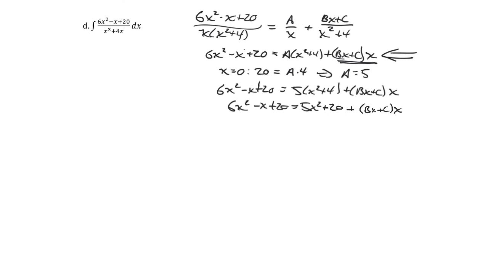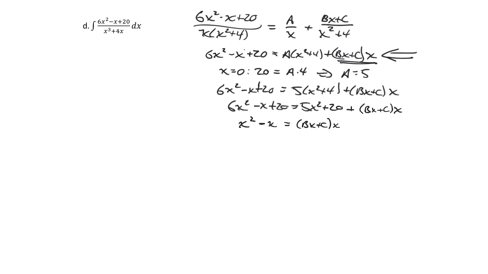If we subtract 5x squared from both sides, we end up with x squared minus x. There's no x on the right side to simplify with that one, but we do have a plus 20 on the left, a plus 20 on the right. When we subtract, we'll get 0. And this is equal to bx plus c times x. Both sides are polynomials. If you have two equal polynomials, they will factor the same way.